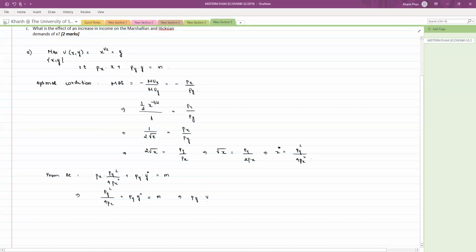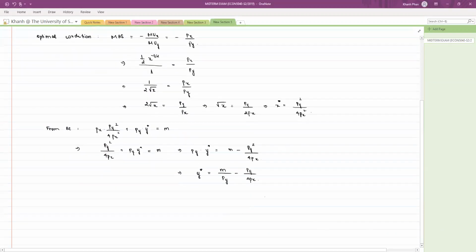So py times y star is equal to m minus py squared divided by 4px. And so y star is equal to m divided by py minus py squared over 4px divided by py, so that cancels one of the py, giving py divided by 4px. This is the optimal amount of y star.